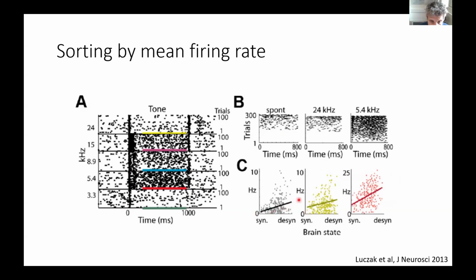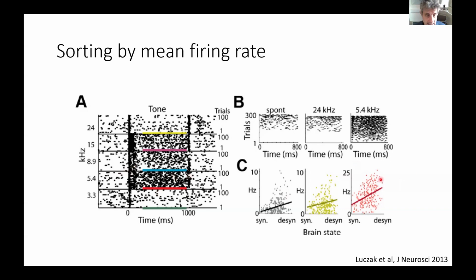So even when there's no stimulus or a non-preferred stimulus, you have a correlation of this cell's activity with brain state. And when there is a preferred stimulus, you still have a correlation with brain state, but the slope has increased. So the number of spikes fired by the cell depends on an interaction of the sensory stimulus and the brain state at the time.